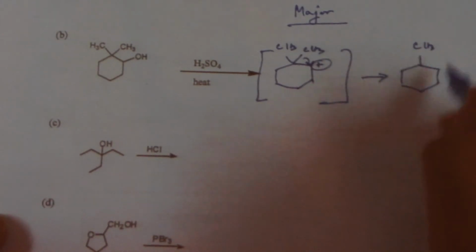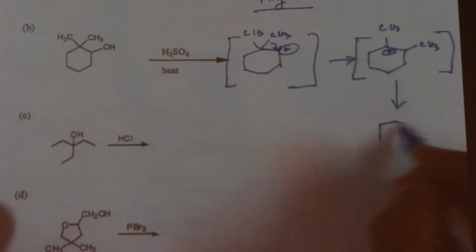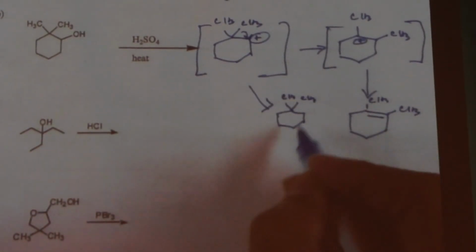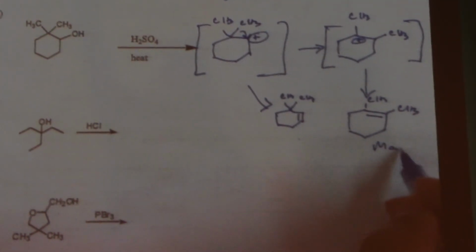So this is the initial product, and then it can do a methyl transfer, giving rise to this cation. And this is going to give you mainly this product. But from this one, you can also get this product, which is minor. So this is major.